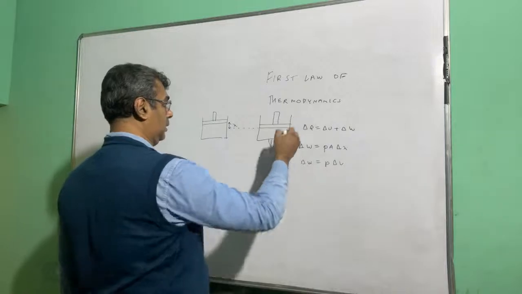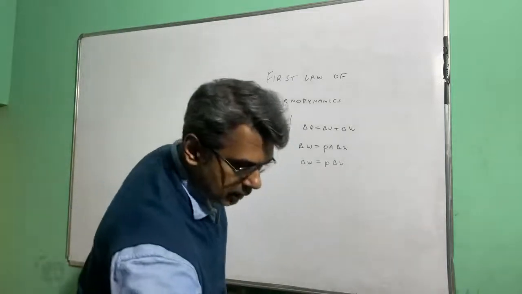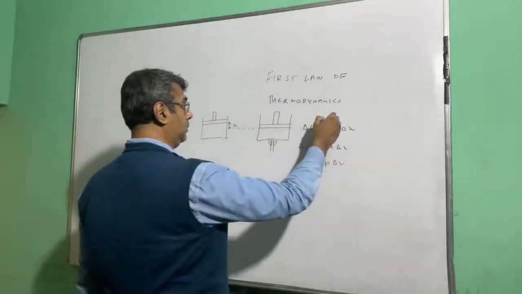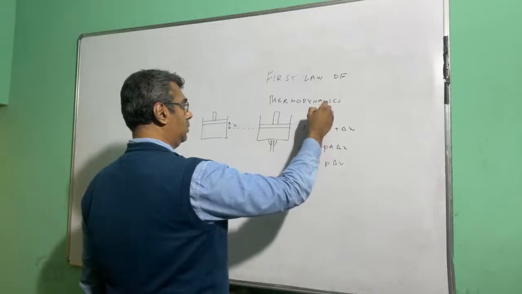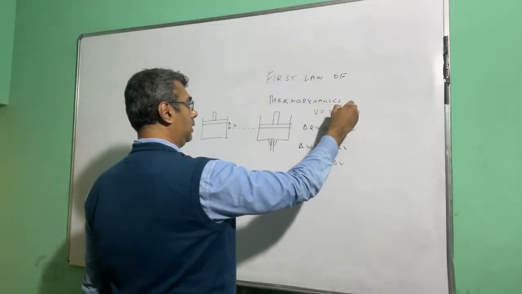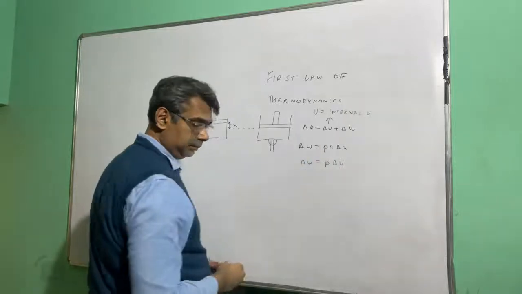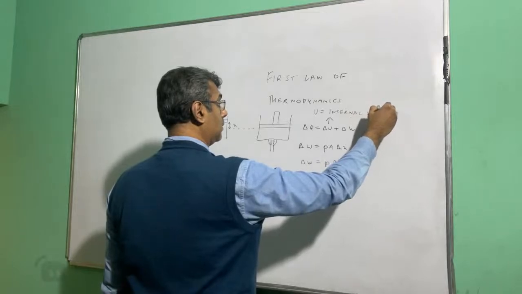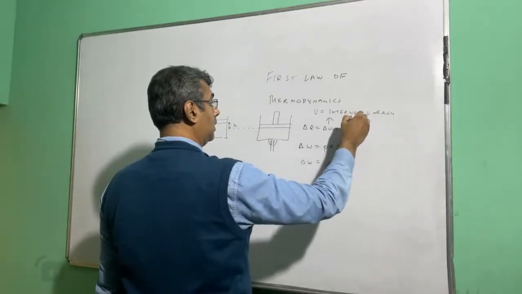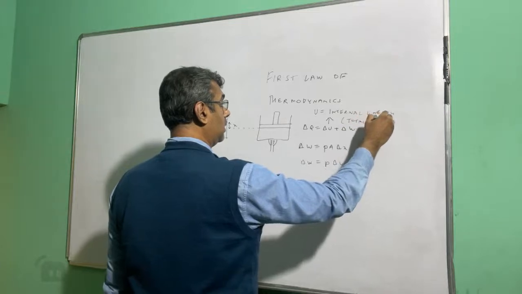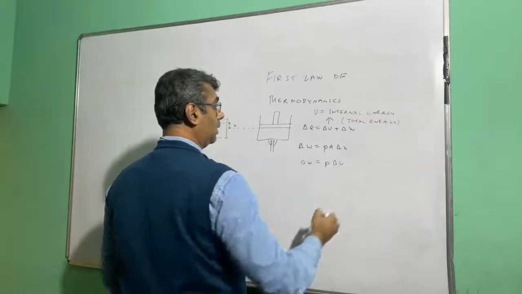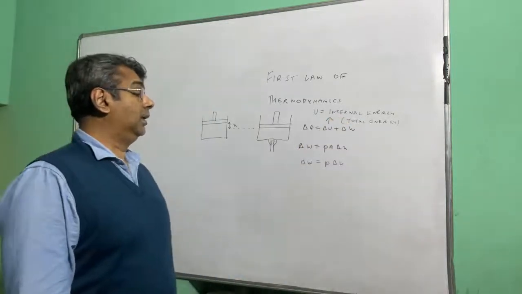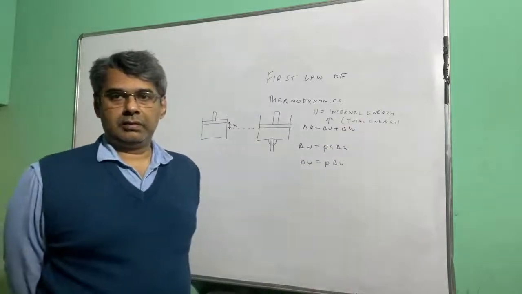So the energy is given by this symbol U. U is internal energy, and internal energy is the total energy of the molecules, right?